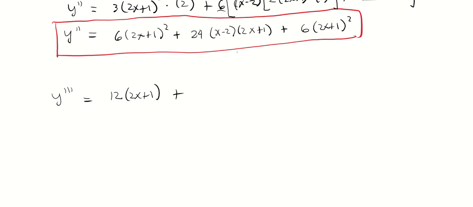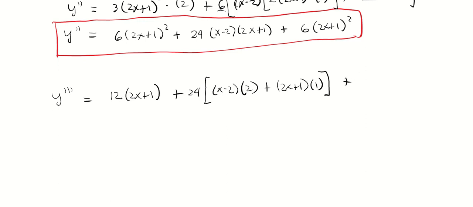Then plus, here this is also a product rule, or you can expand it, or you multiply it, distribute it, but I just use product rule. So x minus 2, copy the first term, multiply it with the derivative of the second, then plus, copy the second term, 2x + 1, multiply it with the derivative of the first.